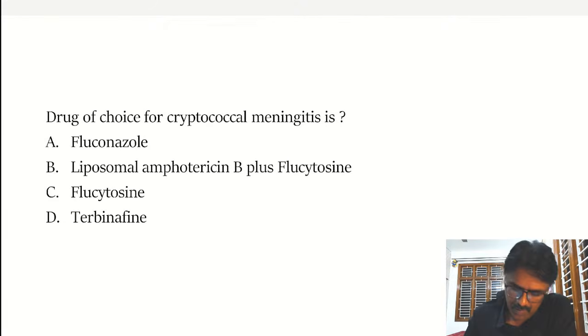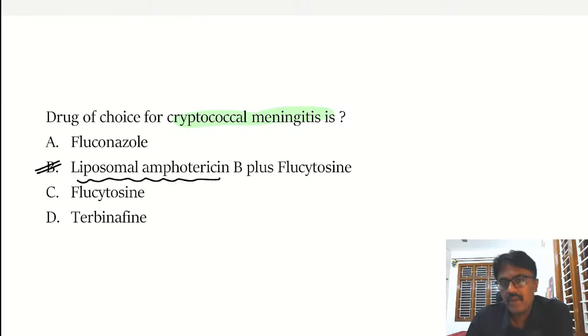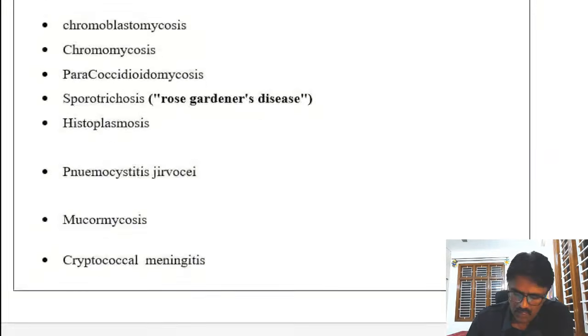Again, coming to the drug of choice for cryptococcal meningitis, the drug of choice is option B, liposomal amphotericin B plus flucytosine. You may or may not give flucytosine, but the most important drug for that is liposomal amphotericin B. Again, the drug of choice for fungus is frequently tested. So let me tell you what is tested frequently.